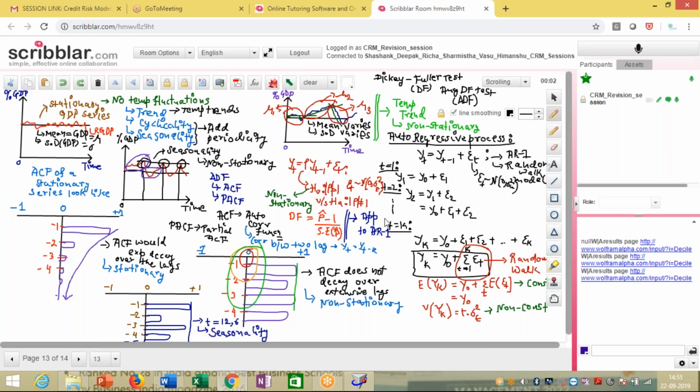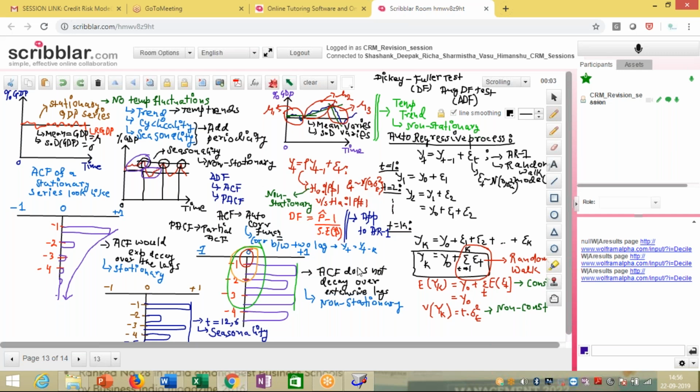We saw that the ACF would exponentially decay over the lags when it is stationary in nature. If the ACF is not decaying over extensive lags, we know that there is an element of non-stationarity, so the data is non-stationary. There are certain temporary characteristics which are impacting the data. That is something we have seen in the discussion yesterday.